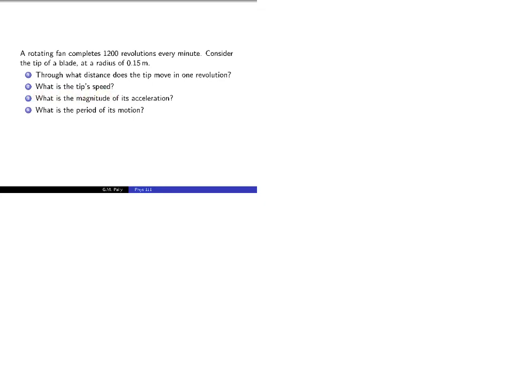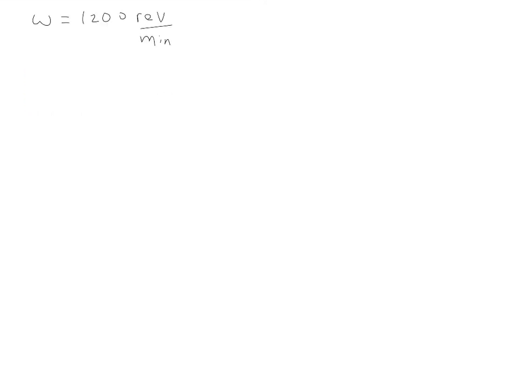Second question. What is the tip speed? We know that v is equal to omega r, but to properly answer this, we need to convert omega from revolutions per minute into radians per second. Currently we have that omega is 1200 revolutions per minute.